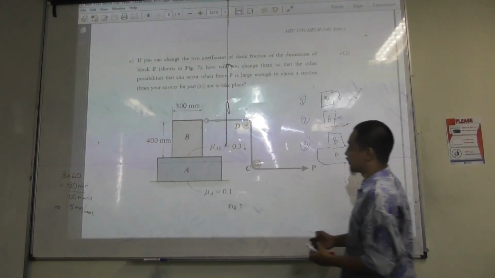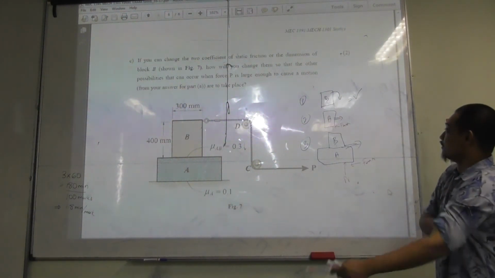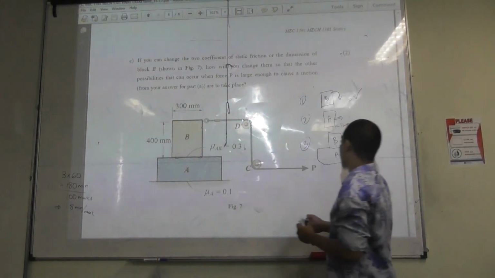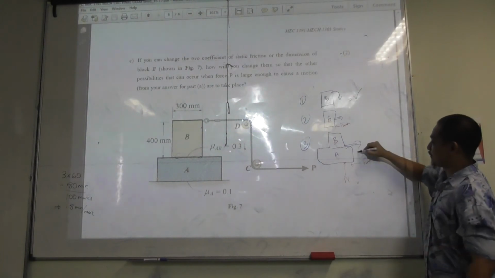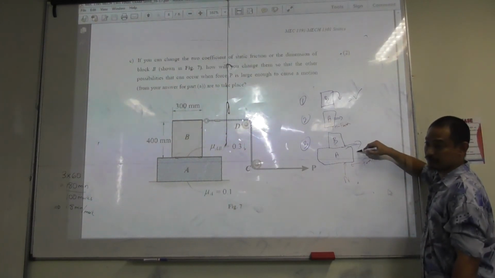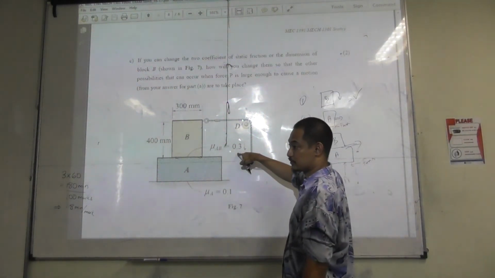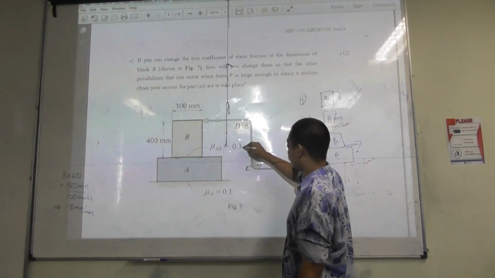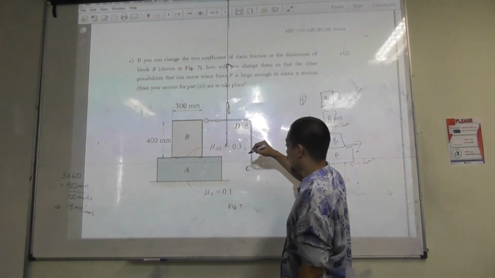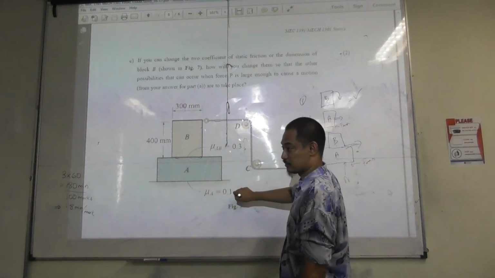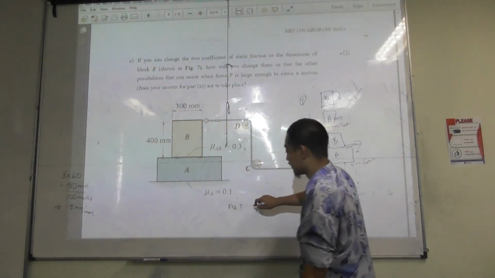One possibility. Another possibility. You increase the base here, right? For example, okay, but if you want to make this one, what will you do? Increase this one. You increase this one, then reduce this one.